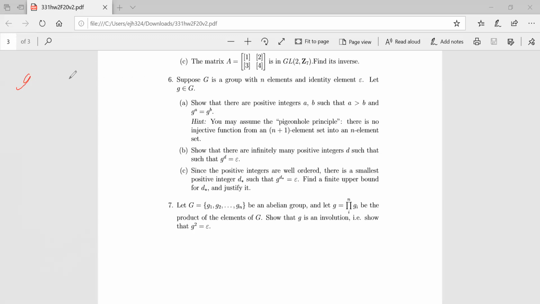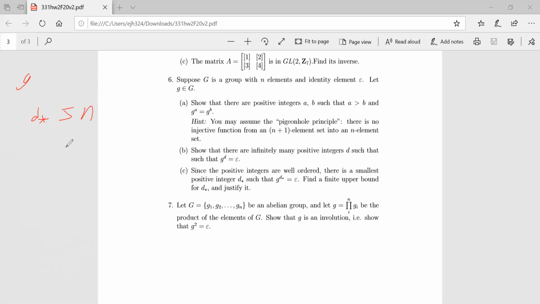Which tells me that d star has to be less than, or less than or equal to, n, because I can only cycle through it so many times. At some point, I have to loop back due to the fact that G is closed, and that every time I multiply g by a new element, that is going to give me a new element.